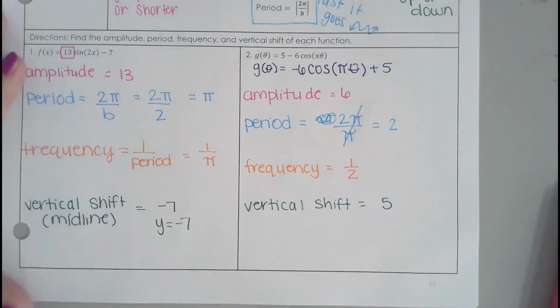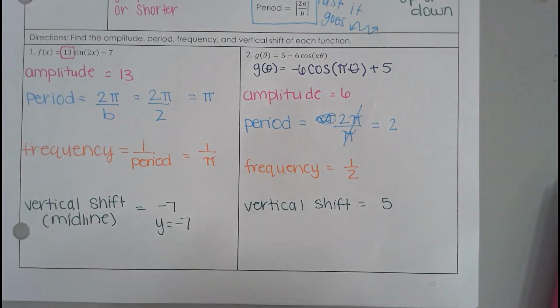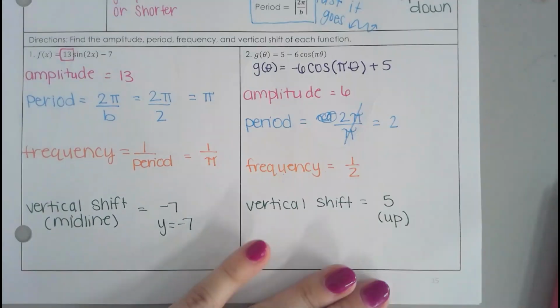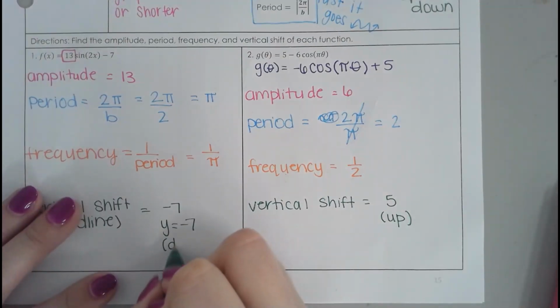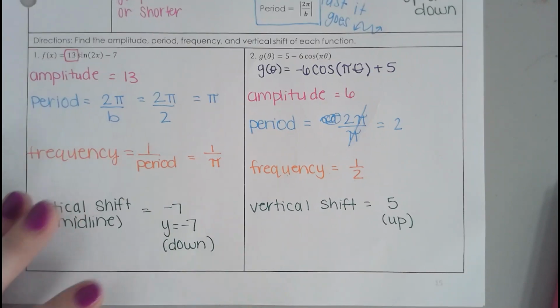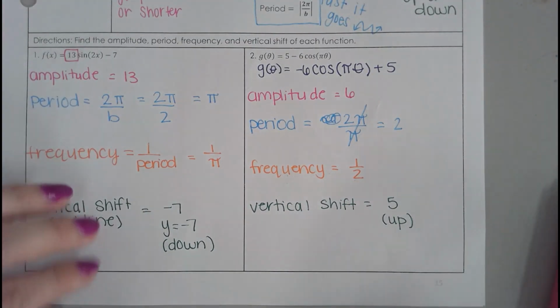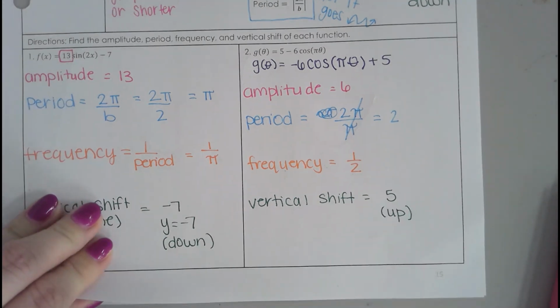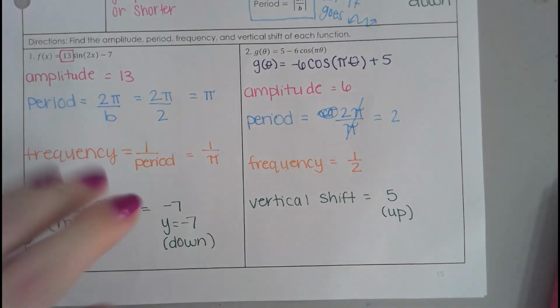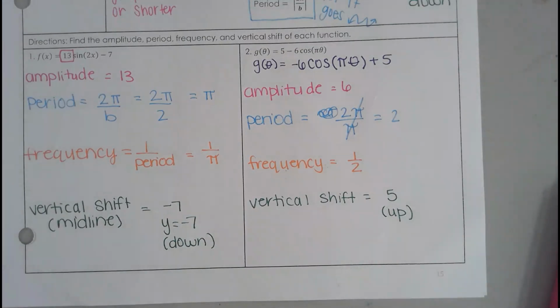And my vertical shift is 5, so it goes up 5. This one goes down 7. Any questions?